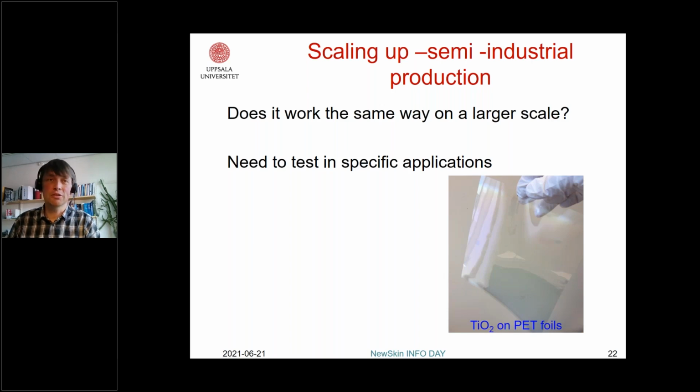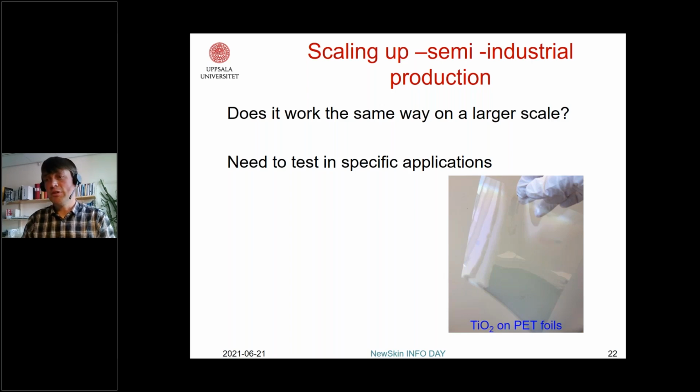And of course, for those of you who work with different applications, you know that it's very difficult to decide or tell if a surface or material is good or bad. It actually needs testing in a specific application. And then you can say, okay, this one is better than that one.